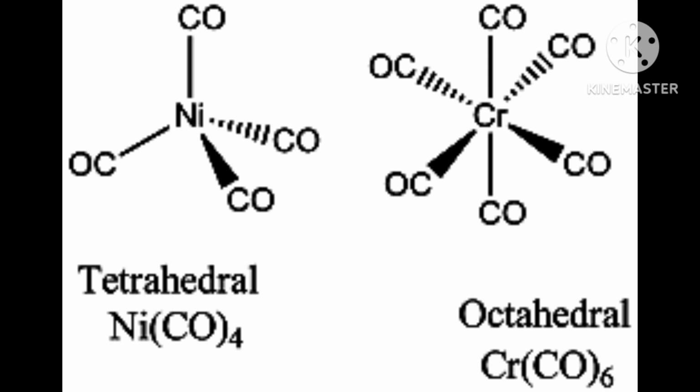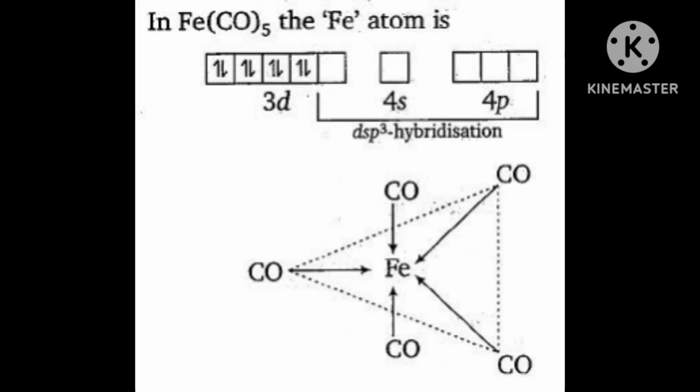So K1 is equal to the molar concentration of ML, the product, divided by the molar concentration of M, the metal, into the molar concentration of L, the ligand. This is K1 when one L has joined.